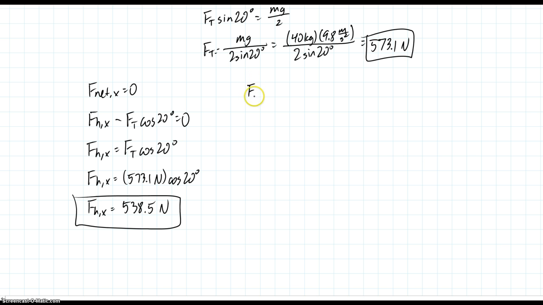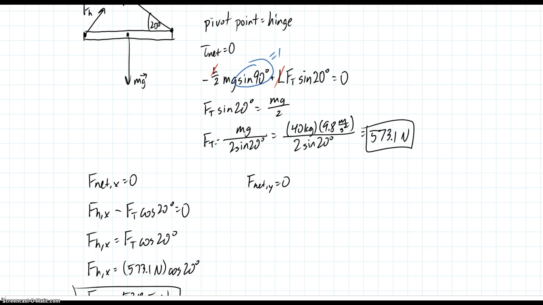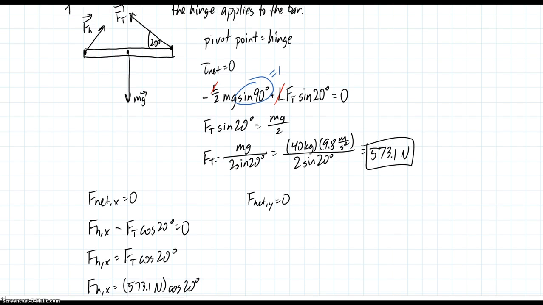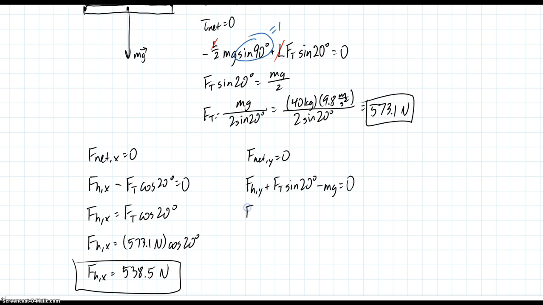Similarly, we can use the fact that the y component of the net force also equals 0. Here we just need to be careful. We do have 3 y components. So we have the y component of the force from the hinge plus F sub t sine 20 minus mg all equals 0. Or solving for the y component of the force from the hinge, we get mg minus F t sine 20.